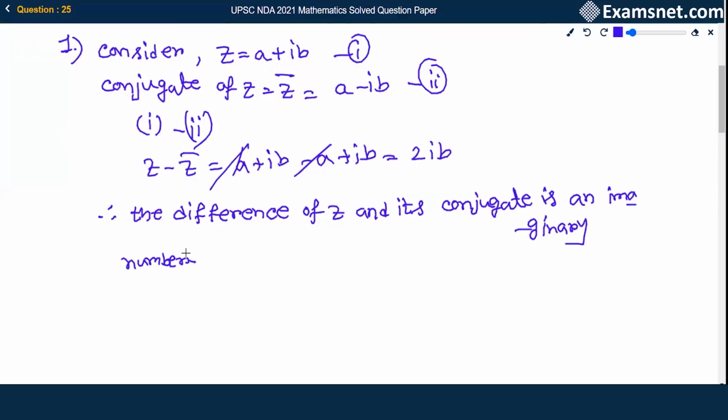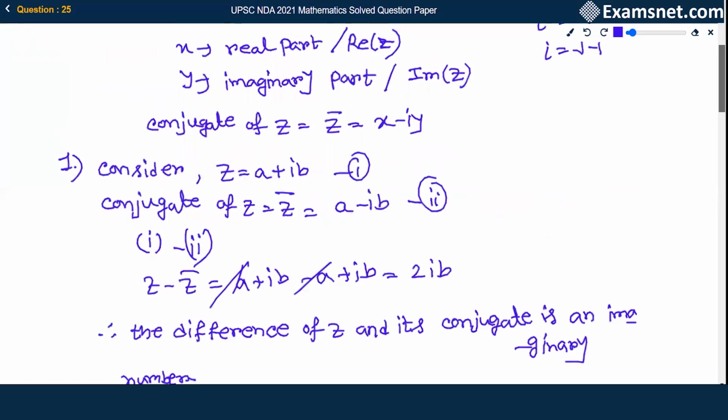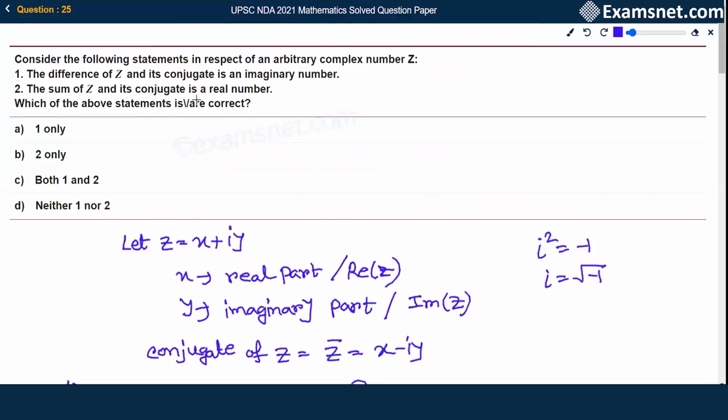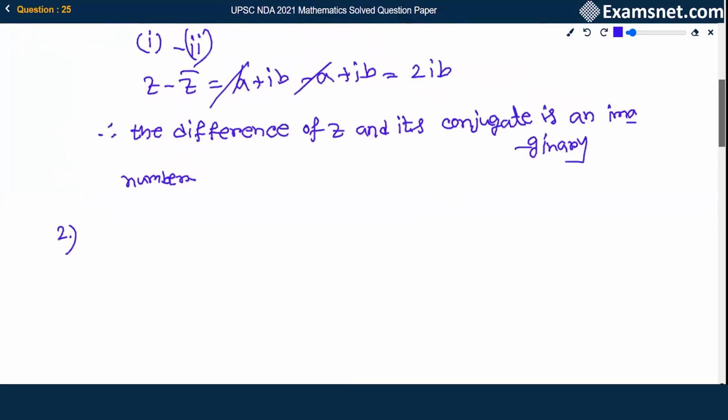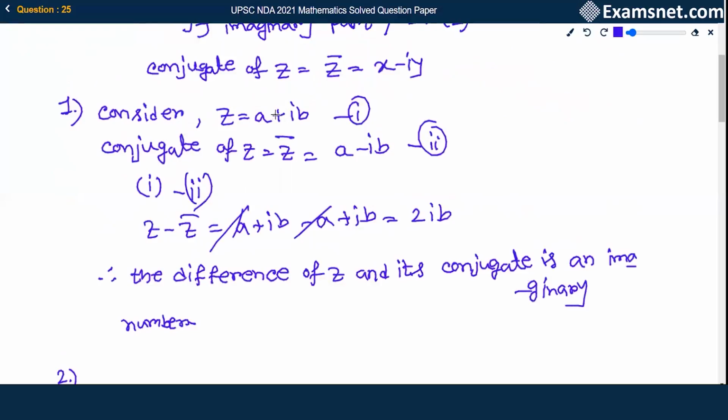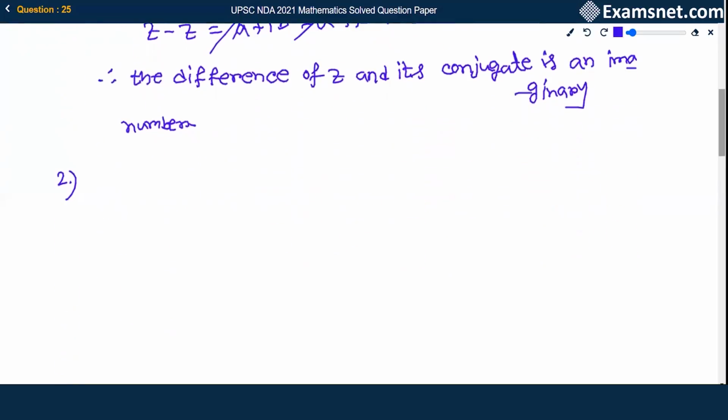Okay, now let's talk about the next statement. The sum of z and its conjugate is a real number. Okay, let's check it. First, we have already considered the complex number z, and we got the conjugate of z also, which is z bar. This time we are going to add them.